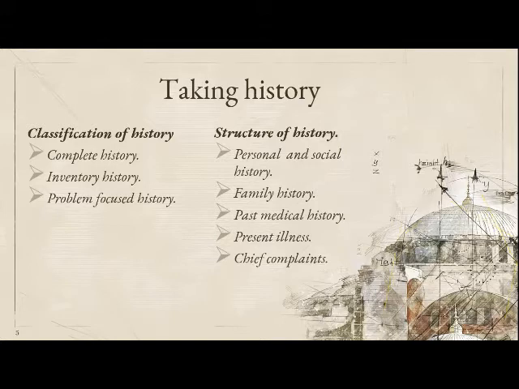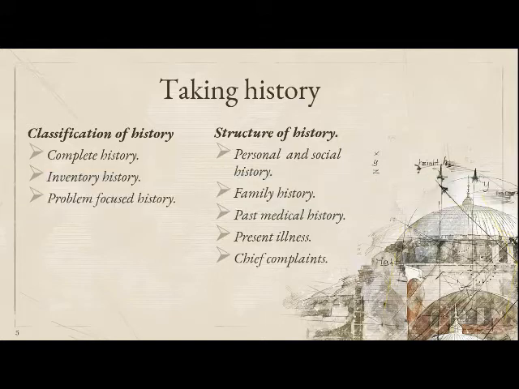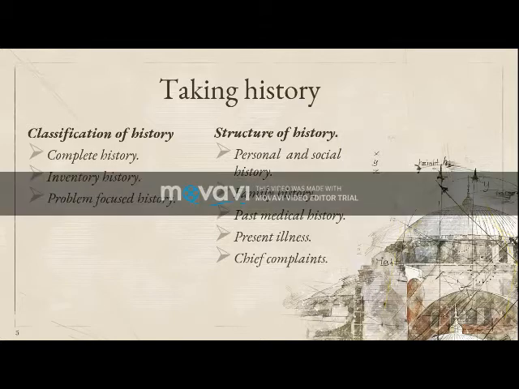Past medical history, as you all know: if anything happened in the past, we collect that history, what treatment he got, and whether he is cured or not. Present history: what is the difficulty for him now. And chief complaint: when he approaches us, or when he got the disease, what he felt and what he is suffering from, that tells us the chief complaints.